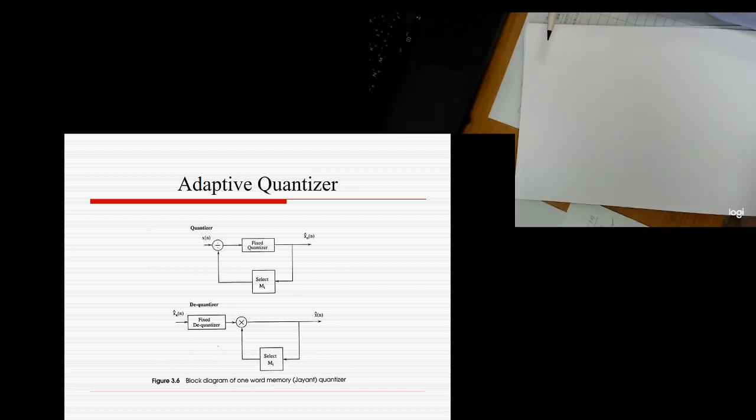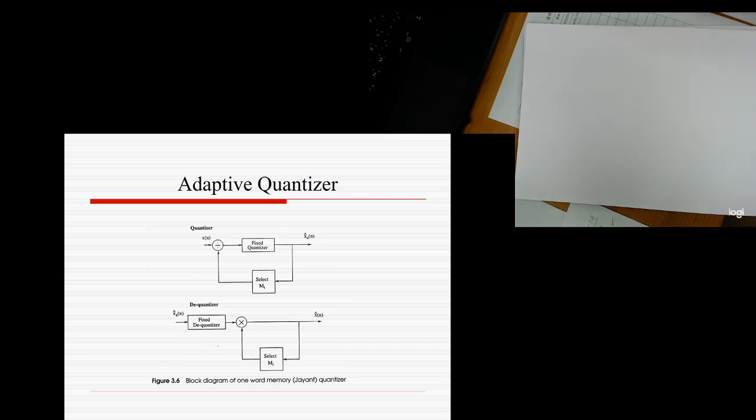Okay, another one they call the one-word quantizer. So adaptive quantizer, another one, we can select a different scaling factor according to the decoded signal to select the best one.